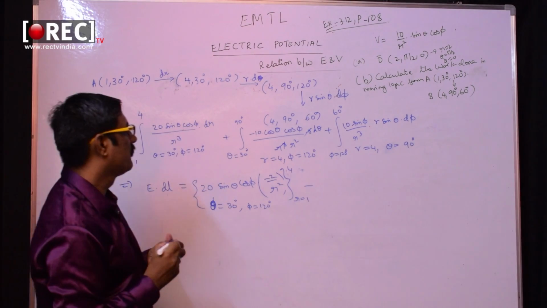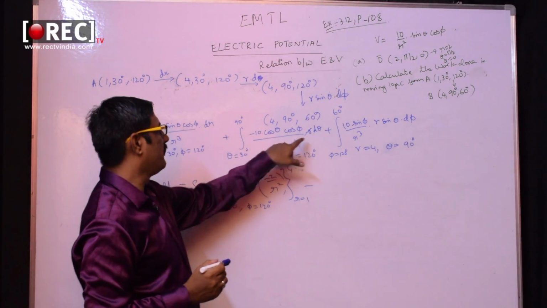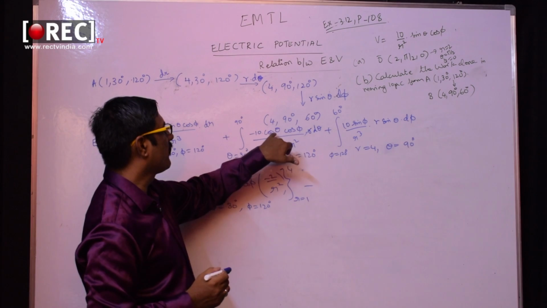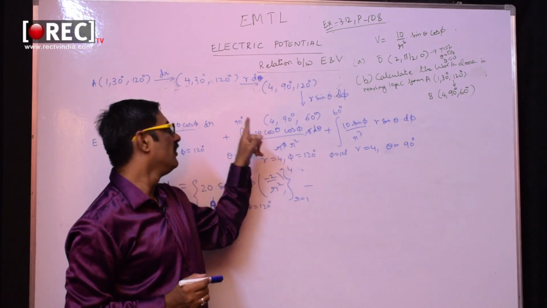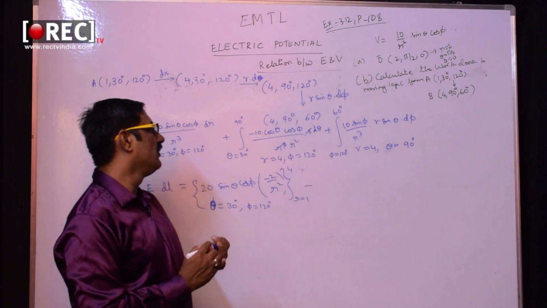Now for the 10, we have the integral of d theta. What is the integral of cos theta d theta? It is sin theta. So minus 10 into minus sin theta is plus 10 sin theta.